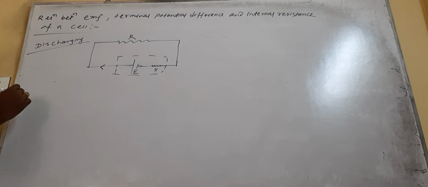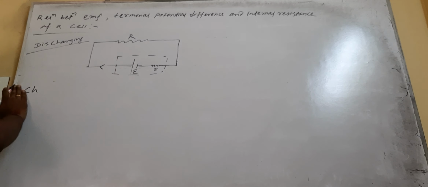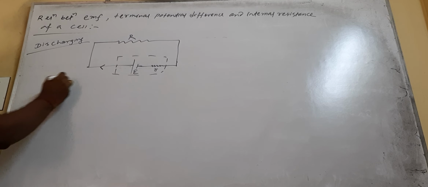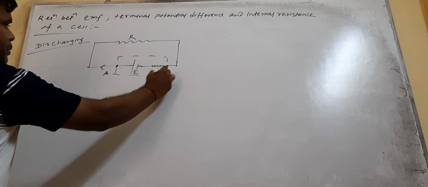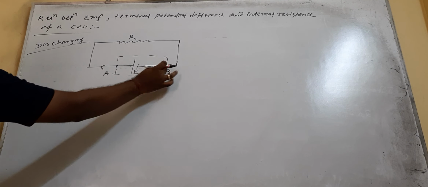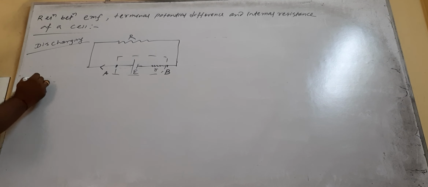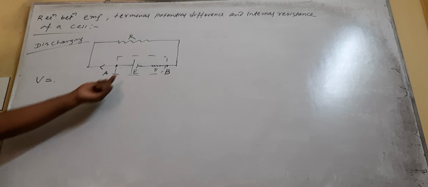Let this point be A and this point B. The potential difference between A and B is the terminal potential difference of this cell.